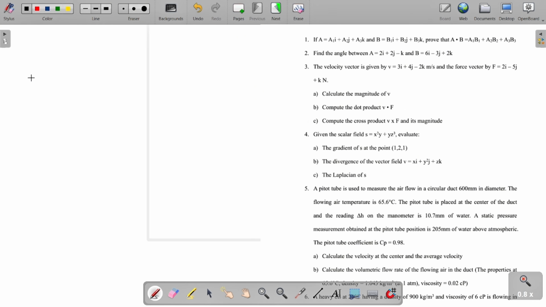So what we can do is take the vector A, a1 i plus a2 j plus a3 k, dot the vector B, which is b1 i plus b2 j plus b3 k. And so over here, I'll be opening the two brackets by multiplication.